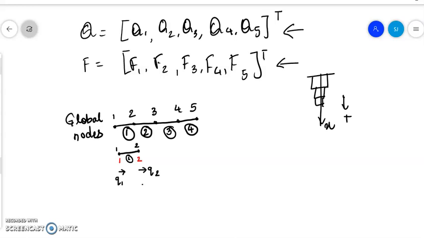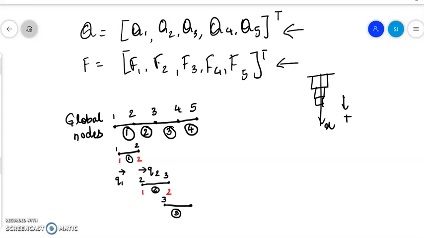Now the next element is element number 2. The global node numbers were 2 and 3, but when we are talking about it in terms of local, it again has only two nodes, node 1 and node number 2. The next element is element number 3.